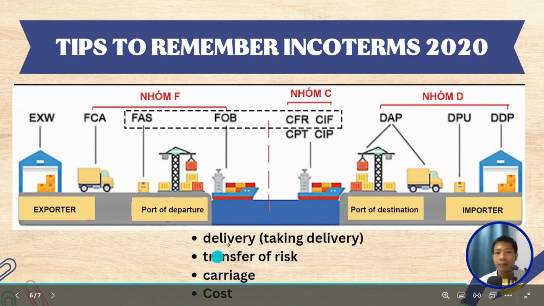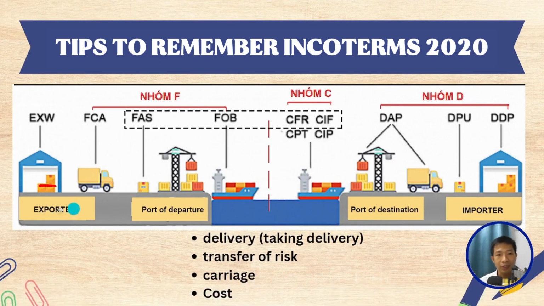These are delivery, which is the point of transferring goods; transfer of risk, which usually coincides with the transfer of goods; carriage, which determines who will hire the ship; and cost, which identifies who will bear the expenses, and up to what point. We will have 4 key points to pay attention to: the exporter, the port of departure, which is the export port, the port of destination, which is the import port, and the importer.